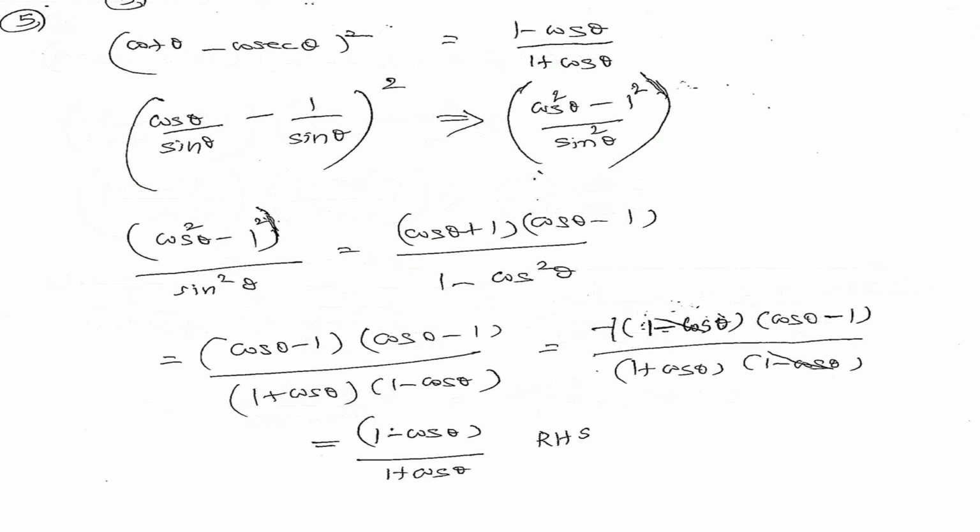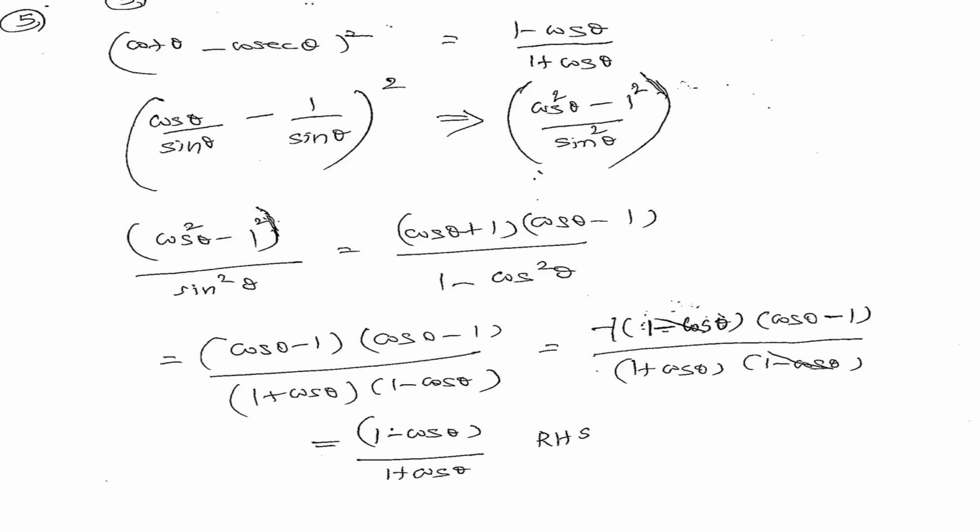Now in the next slide, in problem 5, (cot theta minus cosec theta) whole squared is equal to (1 minus cos theta) by (1 plus cos theta). We have to prove the RHS, (1 minus cos theta) by (1 plus cos theta), from (cot theta minus cosec theta) whole squared. Coming to the LHS, we have to convert everything into cos sin form.